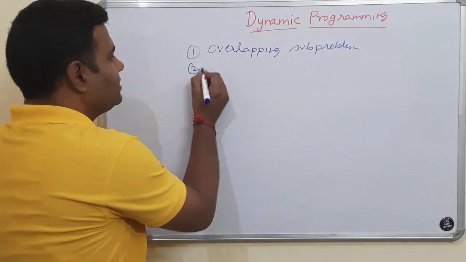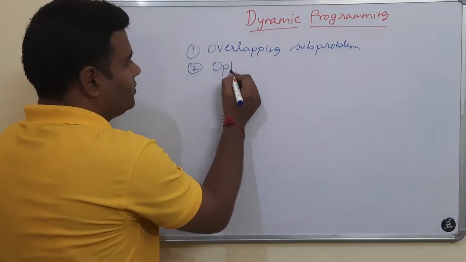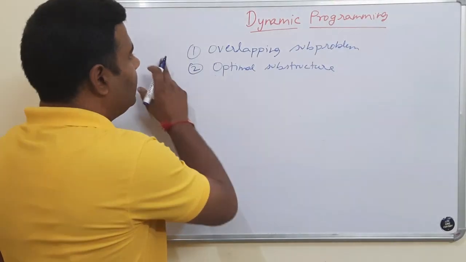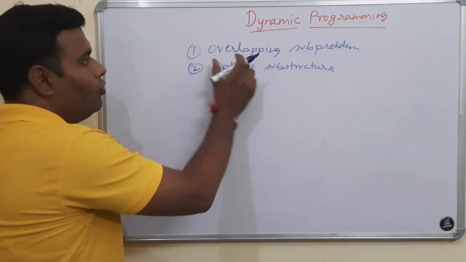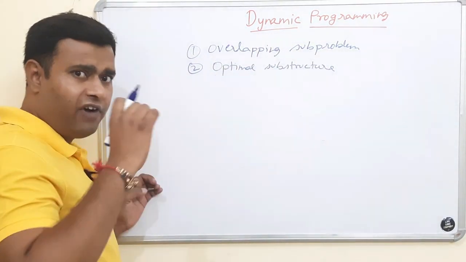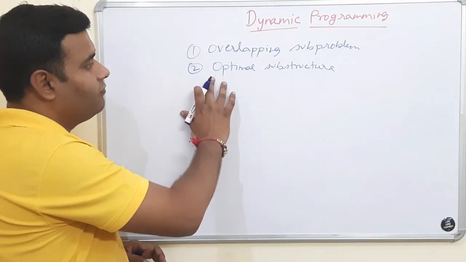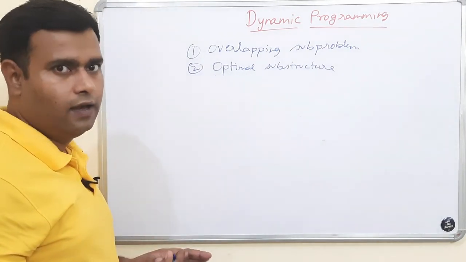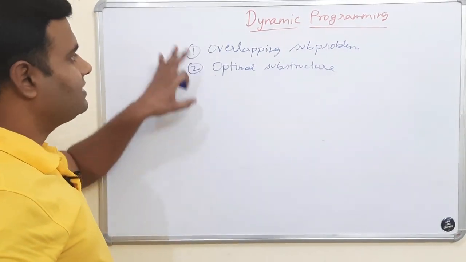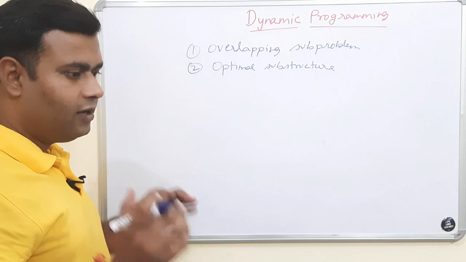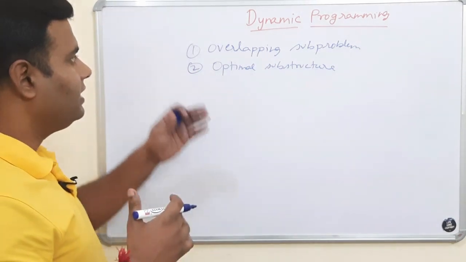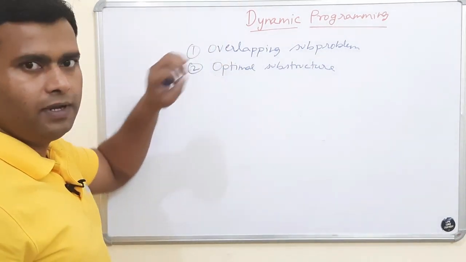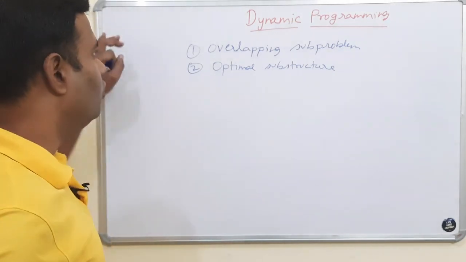The second is optimal substructure. Most students find it easy to understand overlapping subproblems, but very difficult to understand optimal substructure. So we will decipher both these terms and try to understand what it takes to solve dynamic programming questions. Let's go.